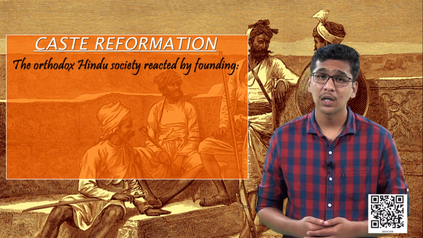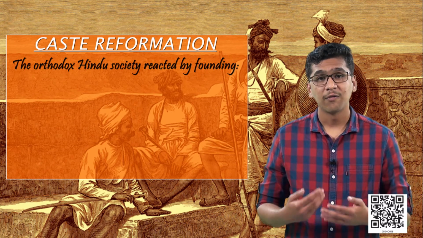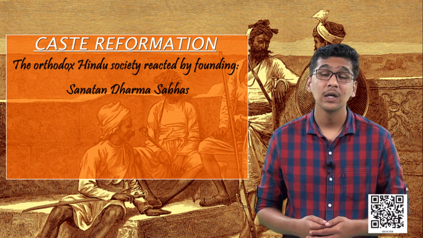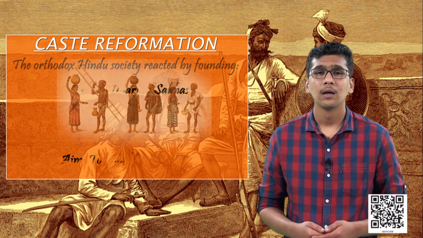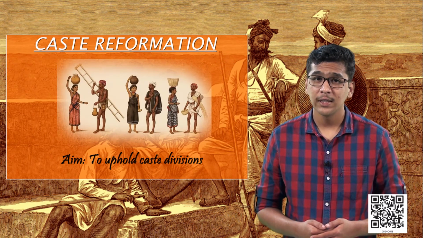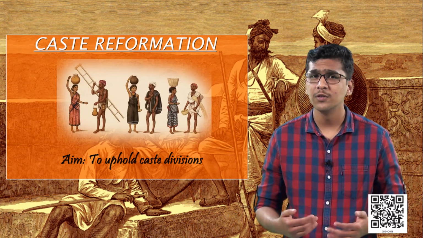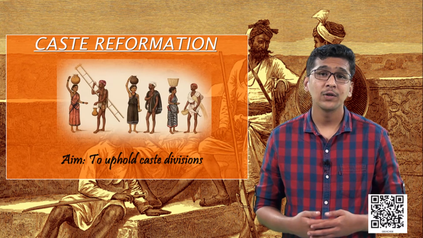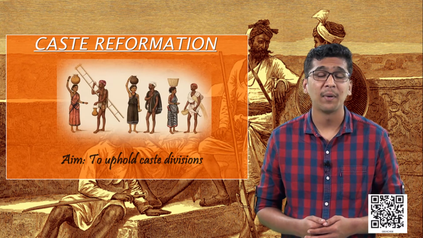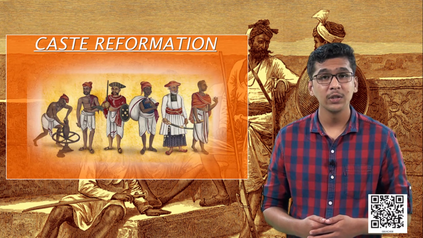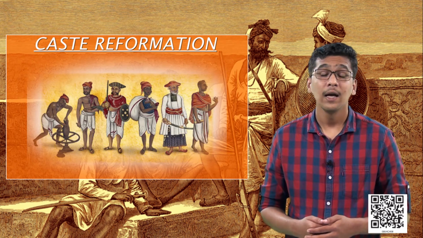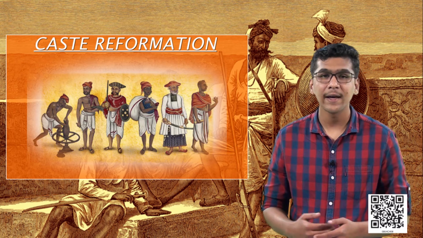The orthodox upper castes reacted by founding the Sanatan Dharma Sabhas, Brahman Sabha and the Bharat Dharma Mahamandal. The aim of these associations was to uphold caste divisions in Hinduism and to show how they were sanctified by scriptures. Debates and struggles over caste continued beyond the colonial period and are going on even in our times.